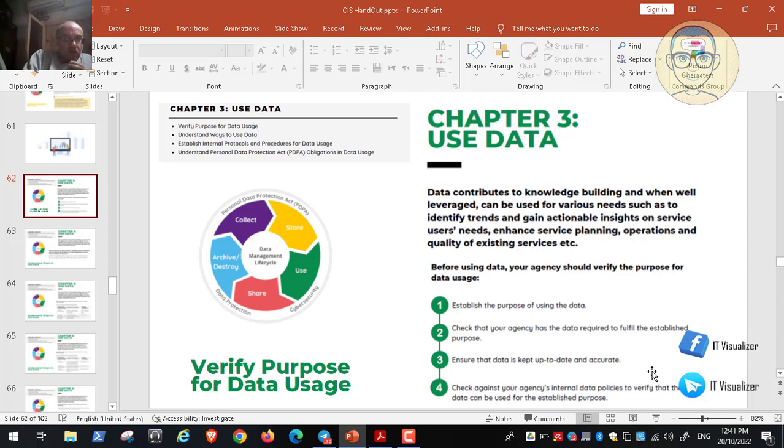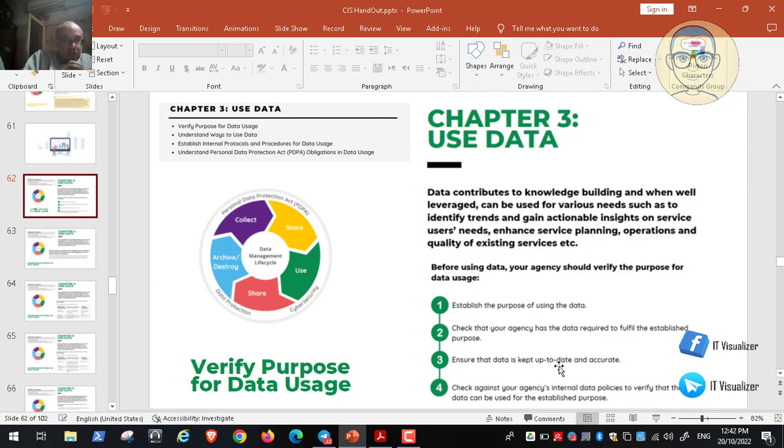Anyway, the first thing is to verify purpose for data usage. First we need to establish the purpose of using data. Check that your agency has the data to fulfill the purpose, for example, to fulfill users' needs from a product or a service.